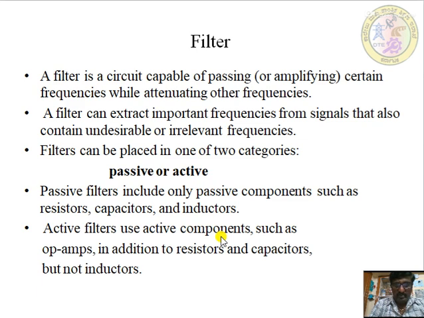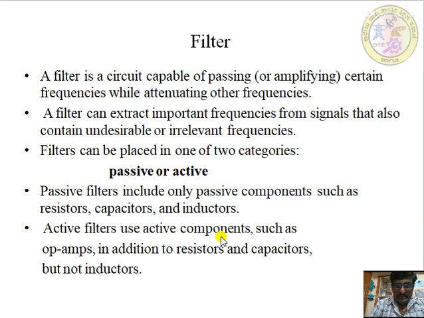Filters can be placed in one of two categories, passive or active, depending upon what kind of components are used. Passive filters include only passive components such as resistors, capacitors and inductors, and active filters use active components such as op amps in addition to resistors and capacitors, but not inductors.